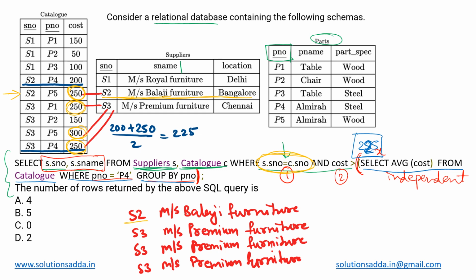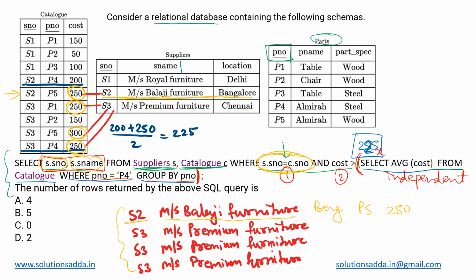S number as S2, supplier name as MS Balaji Furniture, and you can also note down the location and everything: Bangalore, P number P5, cost 250. When we take the cross product or joining condition like this, then all the attributes of both tuples will be taken together, but at the end we only want these two, S number and the S name. So those two attributes only have been shown over here.